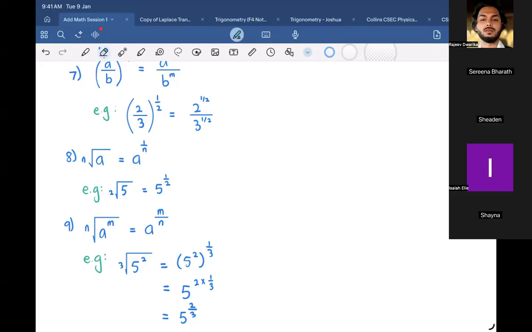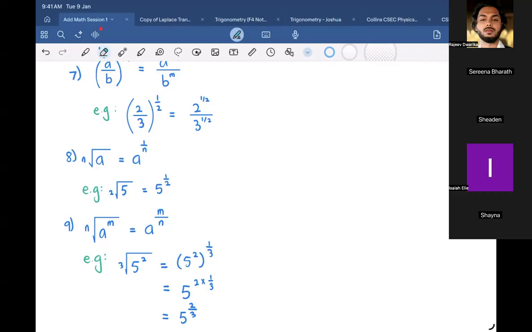Well, Isaiah, if you looked at the logs video, you would know what to do over here. So one of my solutions is 3, right? To get 3, you would say 3 to the power 1. You said y was equal to 3 to the power x. So to get back 3, you would say 3 to the power 1. So x was equal to 1. You following, Isaiah? Yep. Right.